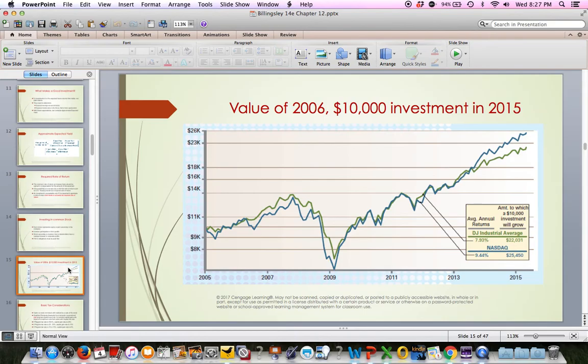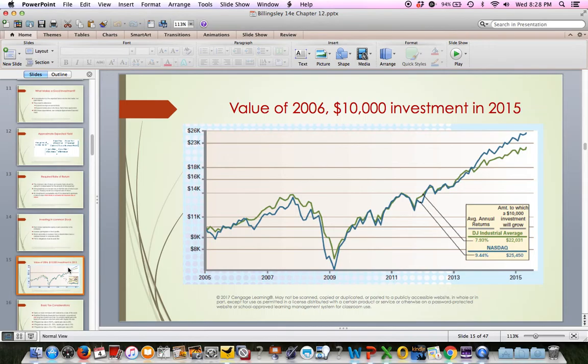This just shows you if you went into 2006 and you started out with a $10,000 investment in stocks, how that would have changed over the years based on 2 different stock indexes, the NASDAQ and the Dow Jones Industrial Average. And you can see that they're very correlated.